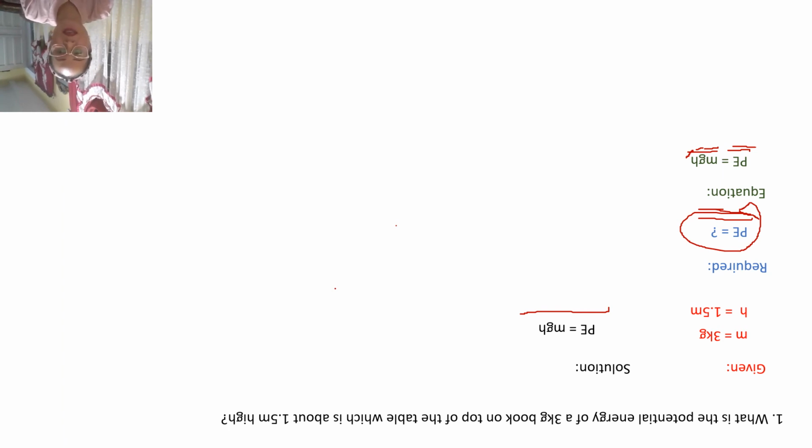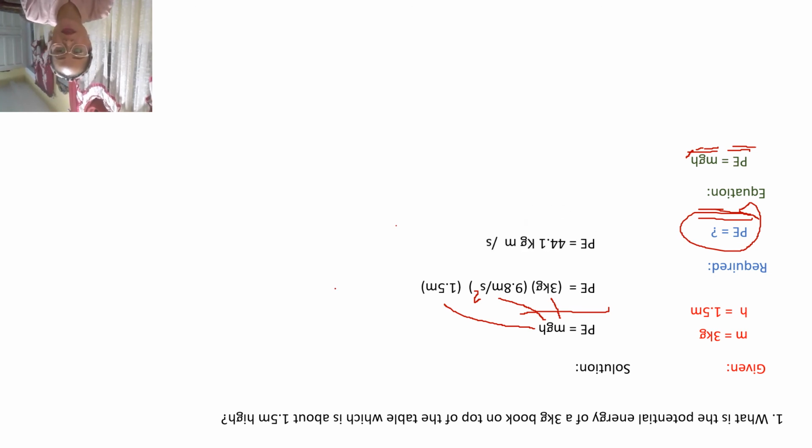We will only have to substitute the values. Potential energy is equal to 3 kilograms, which is the value of our mass, times 9.8 meters per second squared, the value of our acceleration due to gravity, times 1.5 meters, the value of our height.